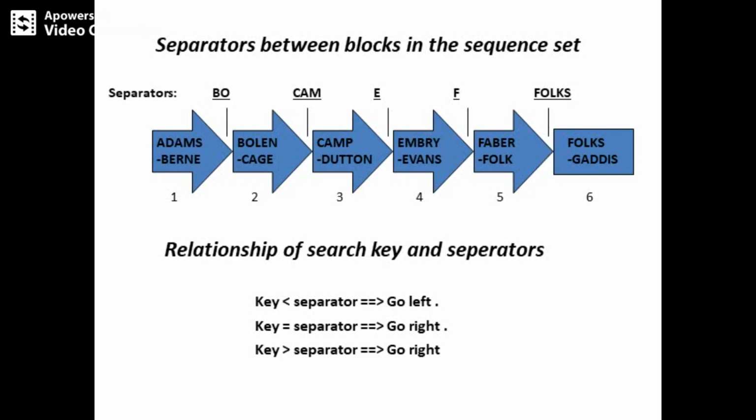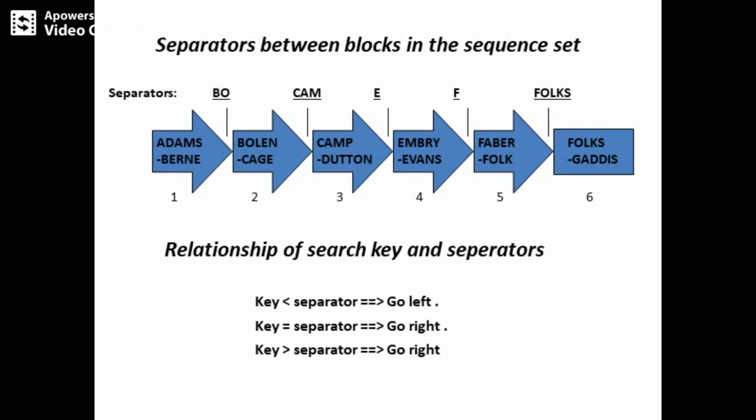So how do we describe the relationship of the search key and the separator? If your key is less than the separator, you need to go left. If your key is greater than the separator, you need to go right. But suppose your key is equal to the separator, say I have the key CAM. Where do I go?